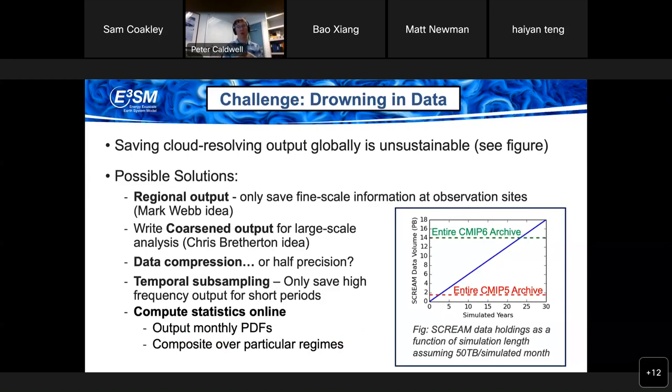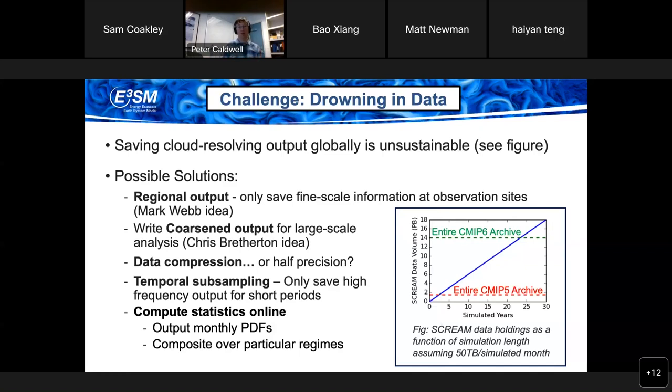So I made this little diagram which shows how many years on the x-axis we would need to run SCREAM before we had more data than the entire CMIP5 archive. It's something like 3 years of SCREAM simulation, or the entire CMIP6 archive, which is something like 23 years or so. So clearly this is not scaling. This is a huge problem.